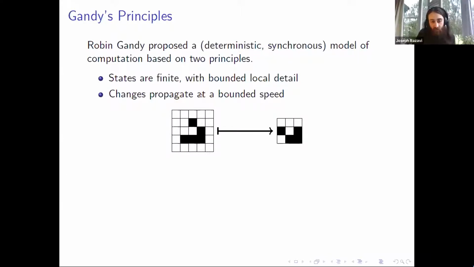And our states have to be finite. So here you see that when we update this state, the boundary gets removed because this is a finite object and we don't know what to do with those boundary cells. This is probably the simplest example. That's why we'll use it as the running example. But we could do more complicated things.